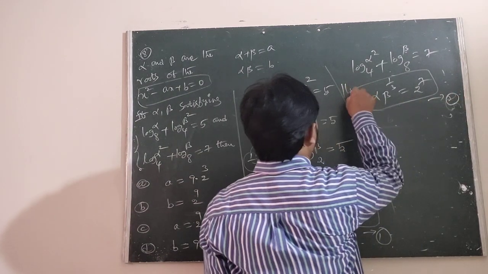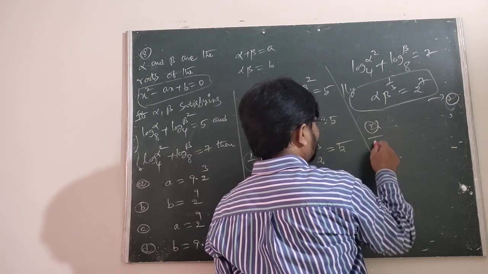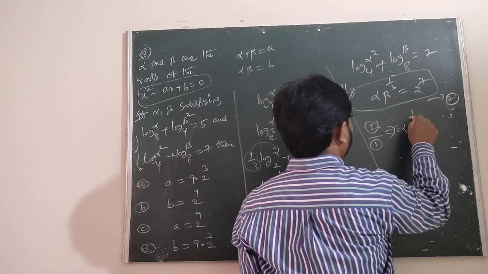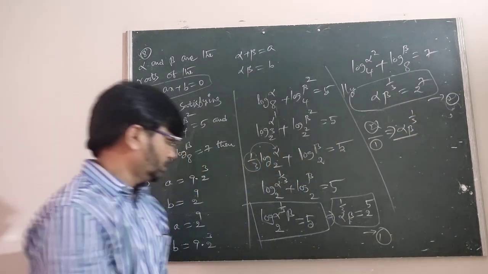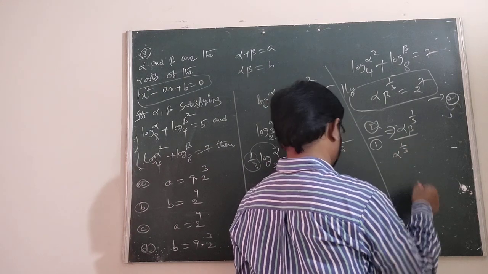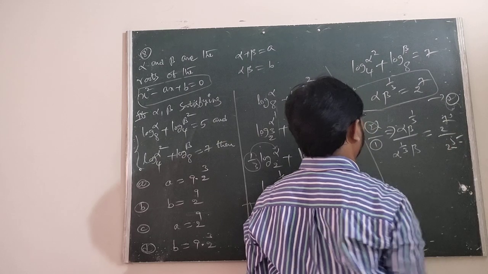Similarly, dividing, alpha into beta power 1 by 3 whole by alpha power 1 by 3 beta equals 2 power 7 by 2 power 5.